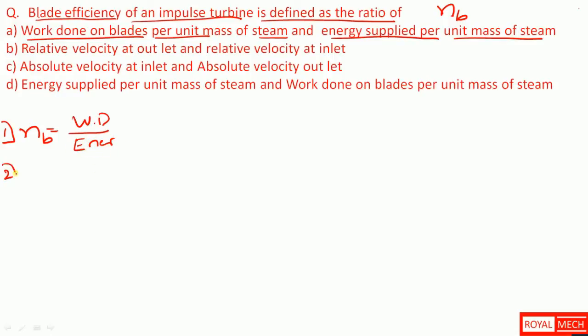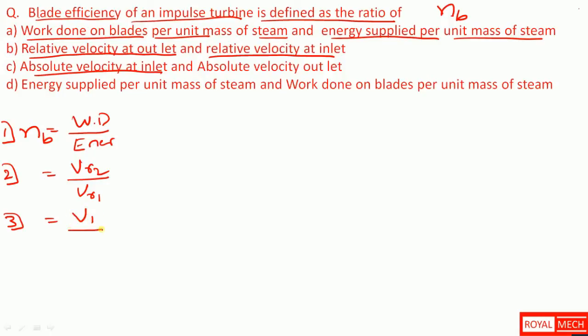Second option is relative velocity VR2 at outlet and relative velocity VR1 at inlet. Third option is absolute velocity V1 at inlet and absolute velocity at outlet.